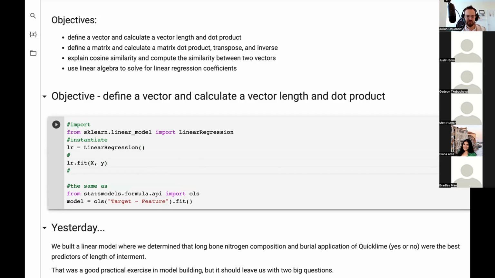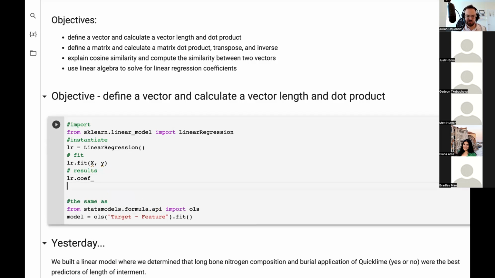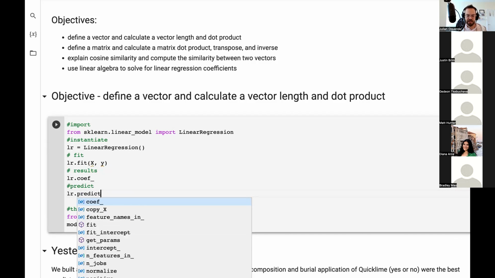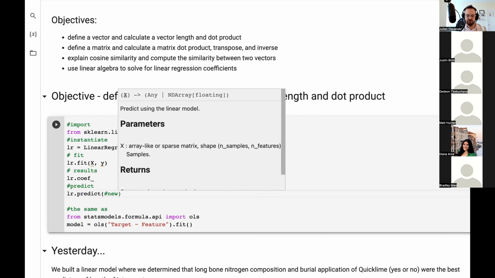And finally, you can visualize your results where you take your LR value and check your coefficients, or you predict, and here it would be a new value.